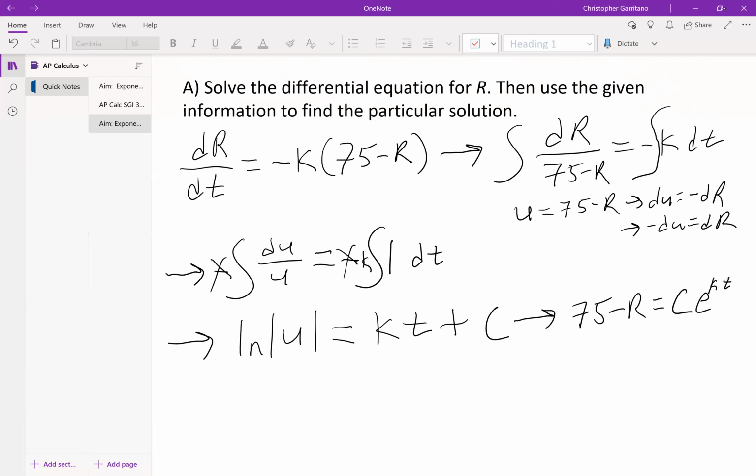So using the initial condition, because right now all we have is a general solution, but I want a particular solution. We're told that r of 0 is equal to 185.